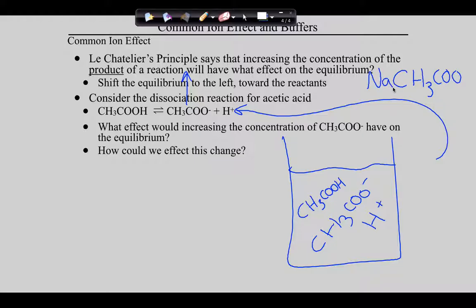Why would sodium be a smart cation to choose to make sodium acetate? Good. Well, it dissociates, but guys, all acetate salts dissociate. All acetate salts are soluble. They're strong electrolytes. Why is sodium a better choice than aluminum acetate? It doesn't react with the water, right?